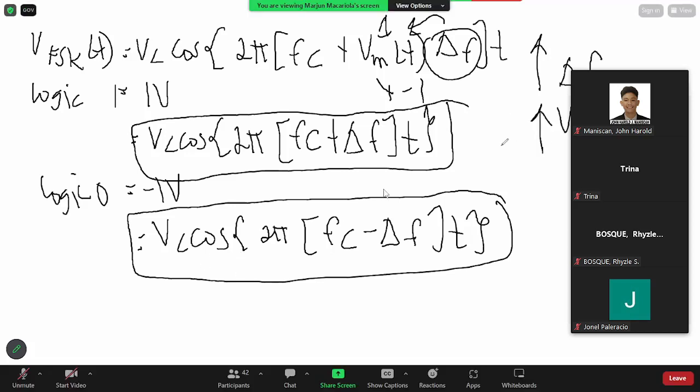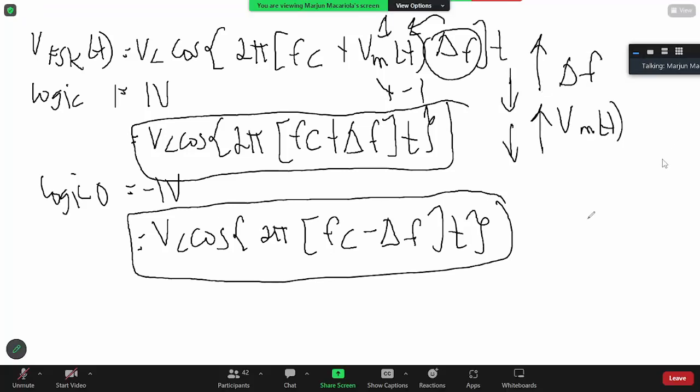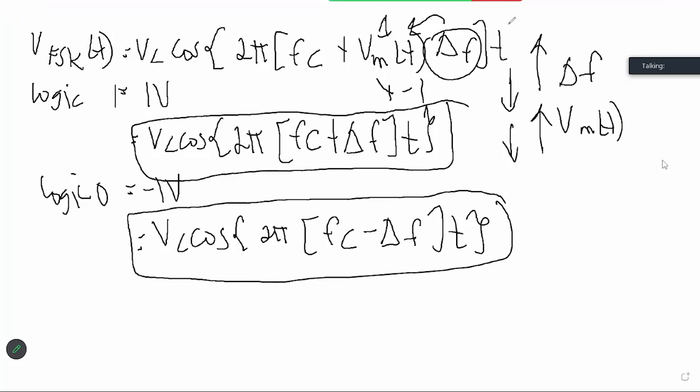A decrease in peak frequency deviation is also a decrease in Vm(t). Okay, nakuha? Gets po ba? Gets po.